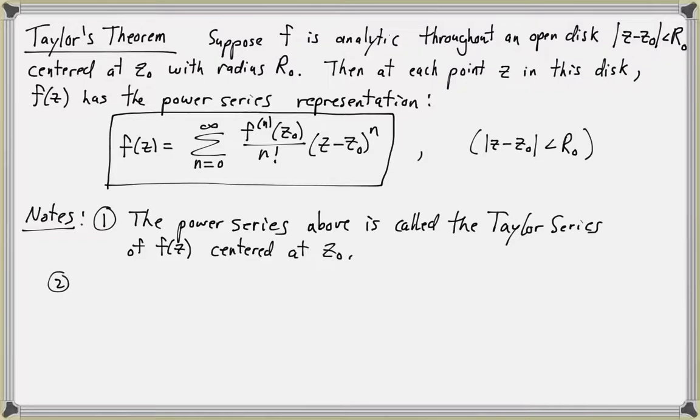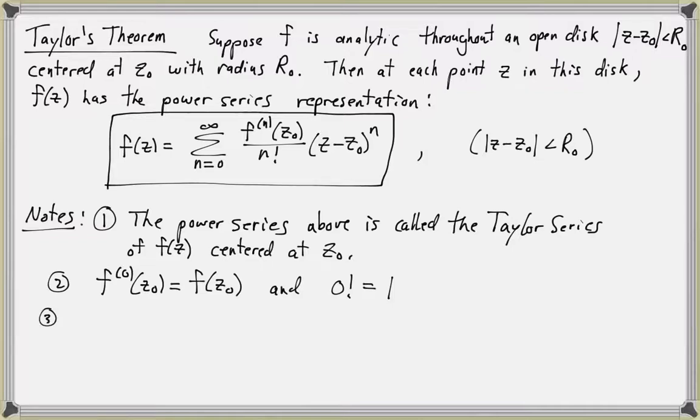Second, with the agreement that the zeroth derivative would just mean f, the zeroth derivative of f at z0 is just the same as f of z0. And we agree that 0 factorial just equals 1, so that the formula works in the case when n equals 0.